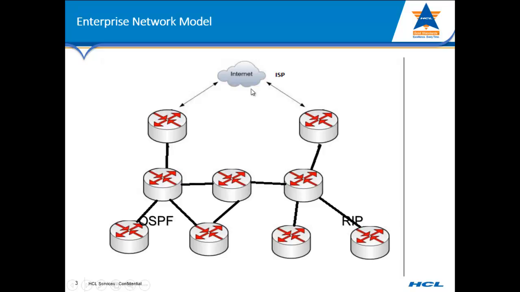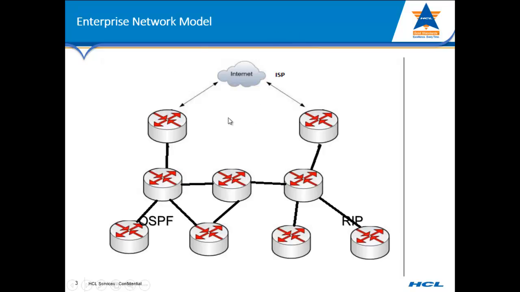RIP routes can be shared into OSPF because of route redistribution, and the same for OSPF routes into RIP. All these are connected to the ISP. In the case of BGP, we are not going to discuss what happens at the enterprise network level, but what happens at the ISP level of the internet.